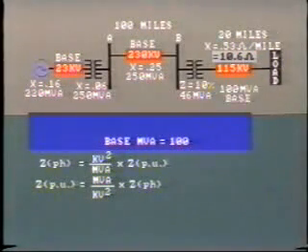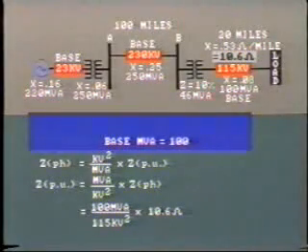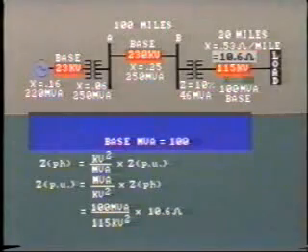Using a power base of 100 MVA, the per unit impedance for the 115 kV line equals 100 MVA divided by 115 kV squared times 10.6 ohms equals 0.08 per unit, or 8%. It is extremely important, whenever quoting per unit impedance values, you must always include the associated value for base MVA.